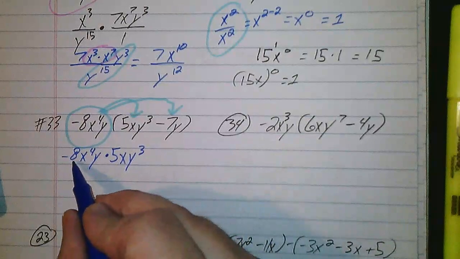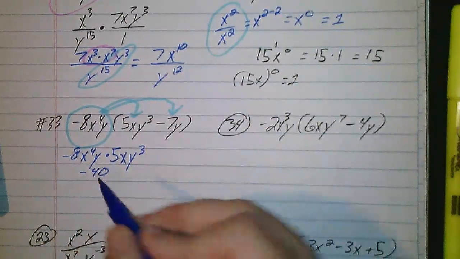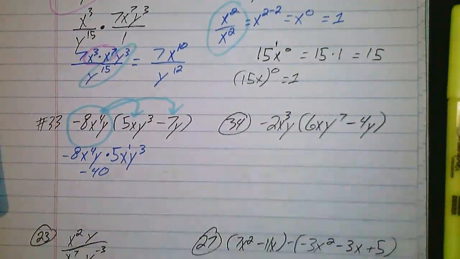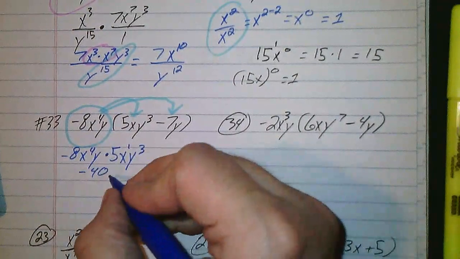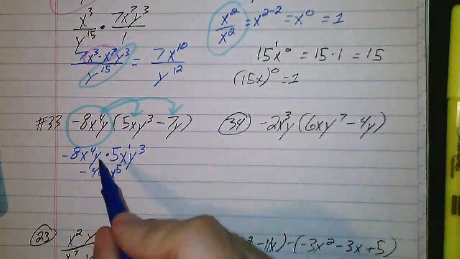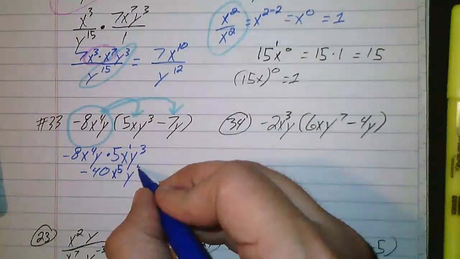So that becomes negative 8 times 5 is negative 40. X to the 4th times x to the 1st, we add those exponents to get x to the 5th. y to the first times y cubed is y to the fourth.